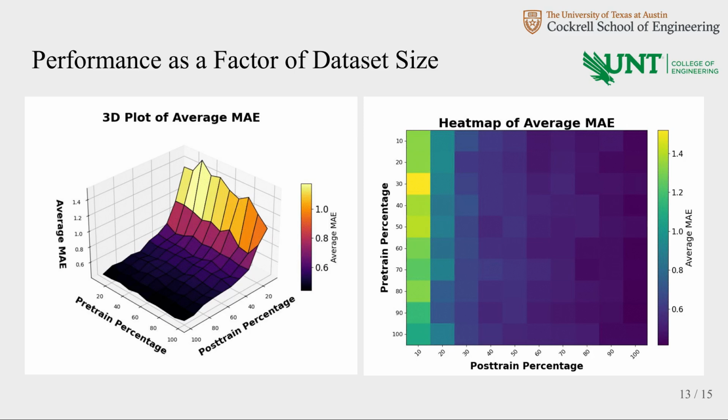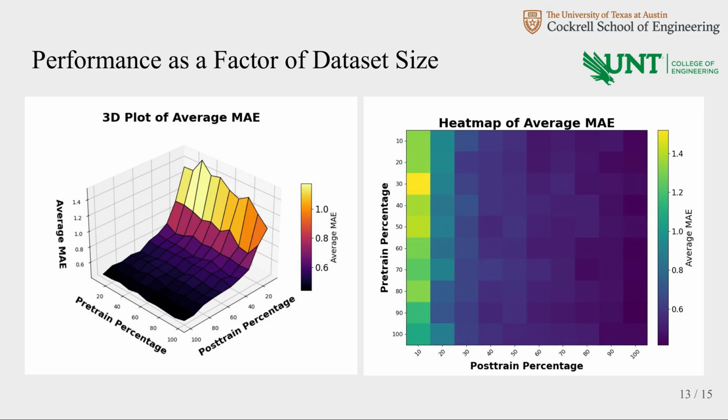On the vertical axis, we're showing the pre-training percentage size. So we initially have 40,000 pristine formation energy data points. And as we reduce the size, the model gets worse. It's not like the model gets super bad. There's a spike at 30%, which we'll talk about in just a second.